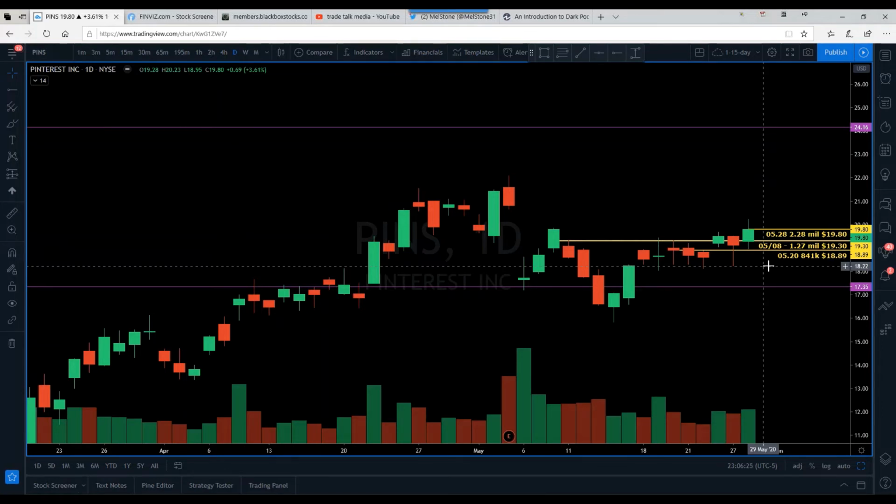So setting alerts both above and below the dark pool activity will give you a chance to be able to capture the bigger move. We could essentially remain range bound with very little price movement. Give yourself the opportunity to just catch the move once it clears resistance or support.